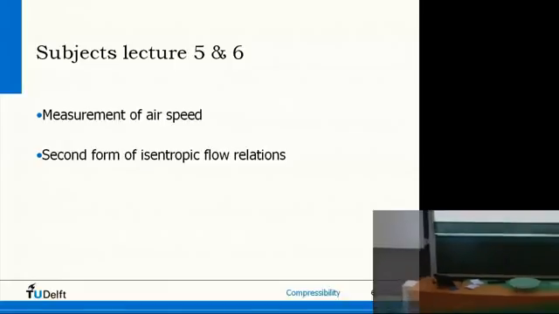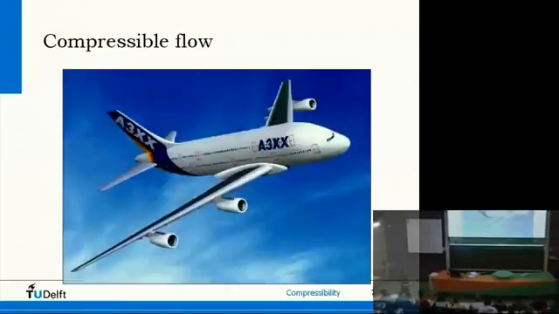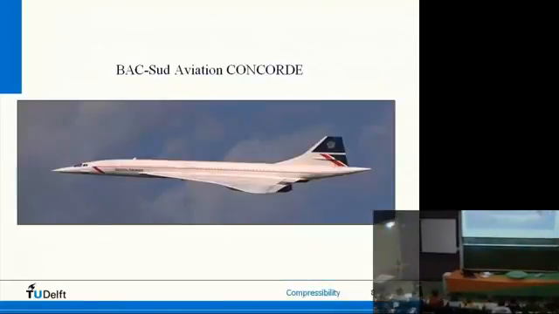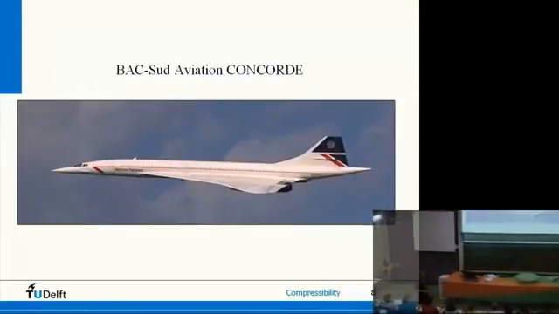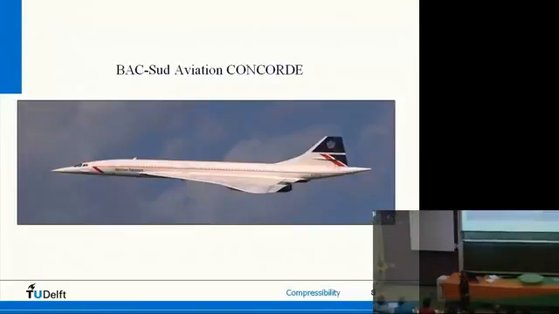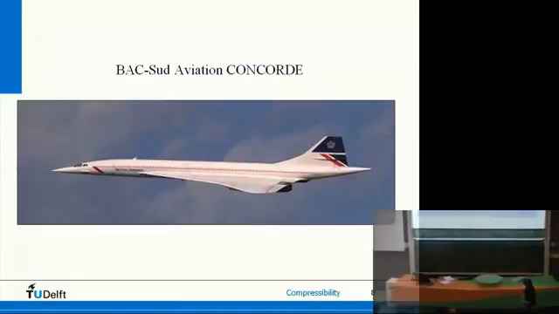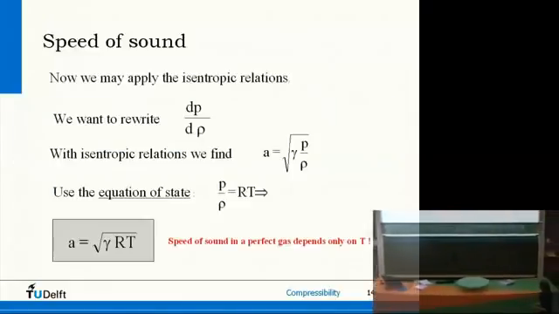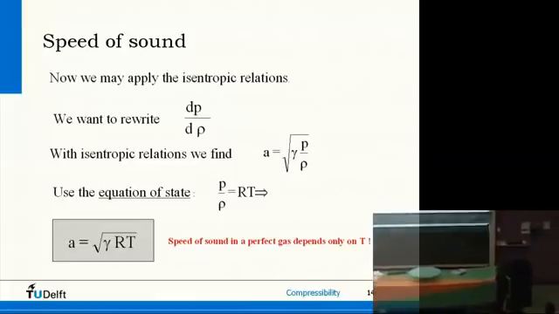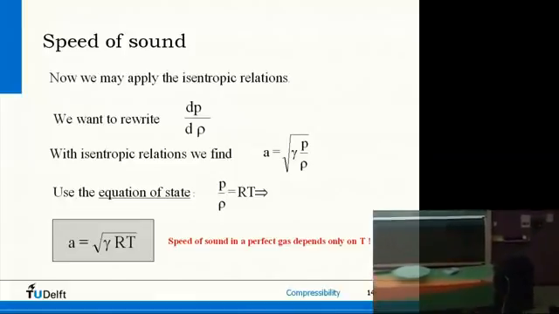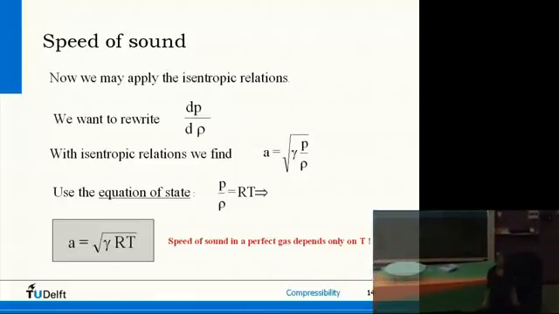So measurement of airspeed and the second form of isentropic flow relations. Of course, compressible flows, unfortunately it's not flying anymore, but it's relevant for supersonic flows. So supersonic aircraft Concorde. Just summarizing from last time, also please don't forget about the speed of sound.